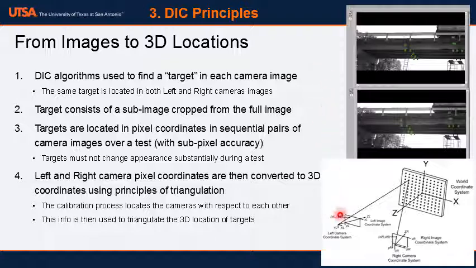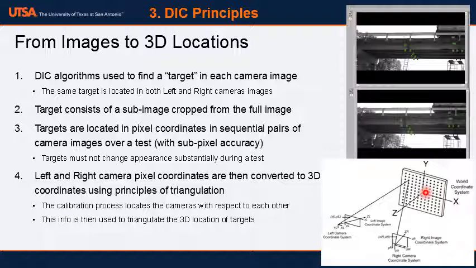Now, once you have the pixel coordinate of a target, and this figure here is showing the projection from the camera, the line of sight over to a certain target, and you have the pixel coordinates of that target also on the other camera, you can triangulate the location of an object in three-dimensional space. That is the triangulation process. That's what takes it from the pixel coordinates on each camera and gives you the three-dimensional coordinates.